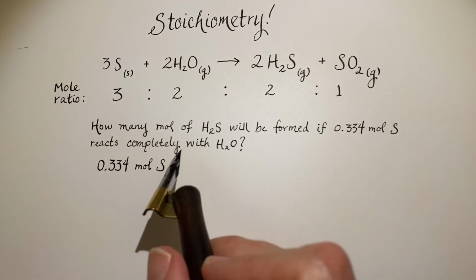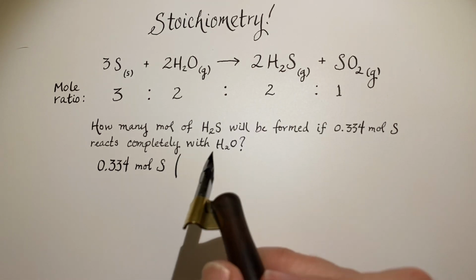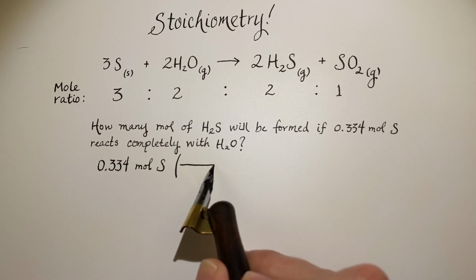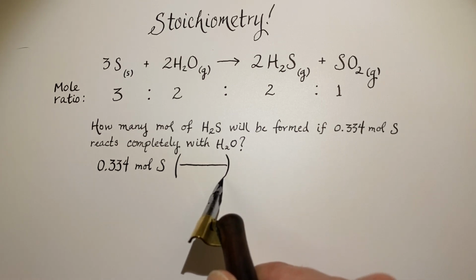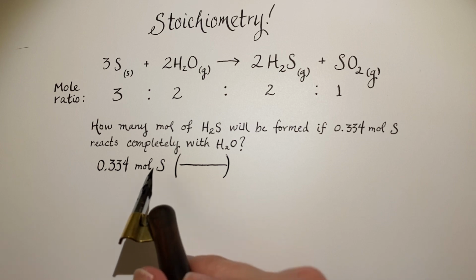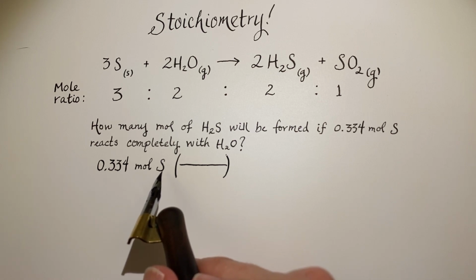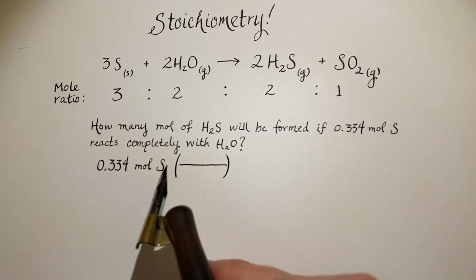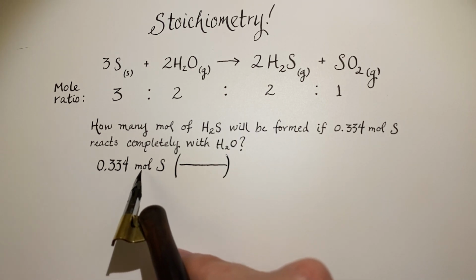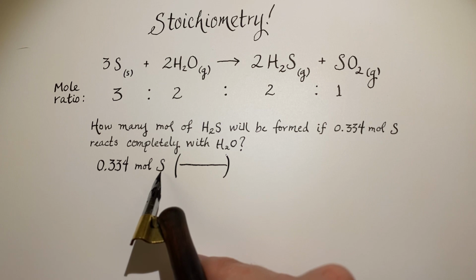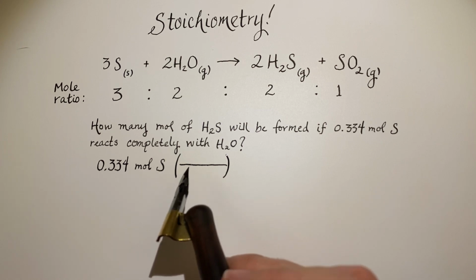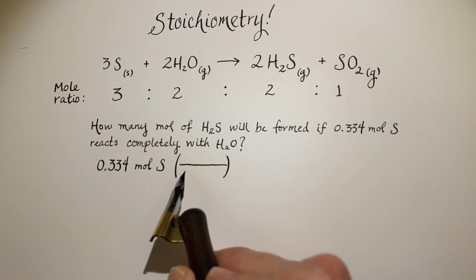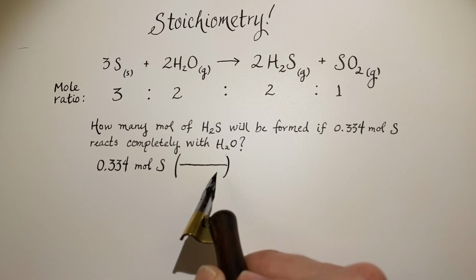And here is where we use our molar ratio. Our ratio of how many moles of sulfur to moles of dihydrogen sulfide. We know moles of sulfur, but we want to convert out of that. So we want that to cancel out, so that's going to be in the denominator.